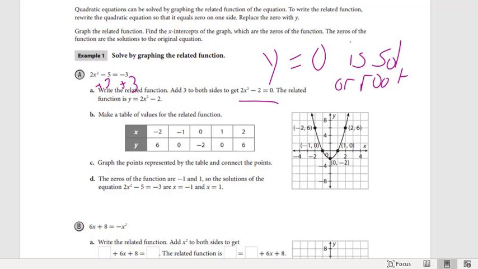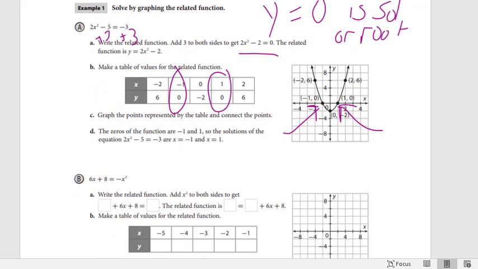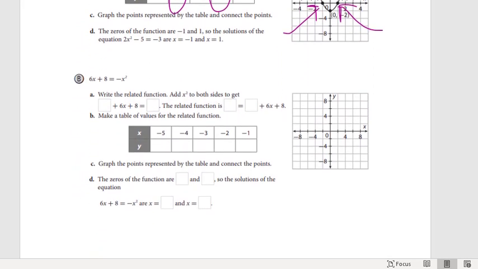So the zeros are where it hits the x-axis. So when x is equal to 1, y is equal to 0. When x is equal to negative 1, y is equal to 0. You can also sometimes find them directly in the table. All right, so the solutions are x equals negative 1 and x equals 1.